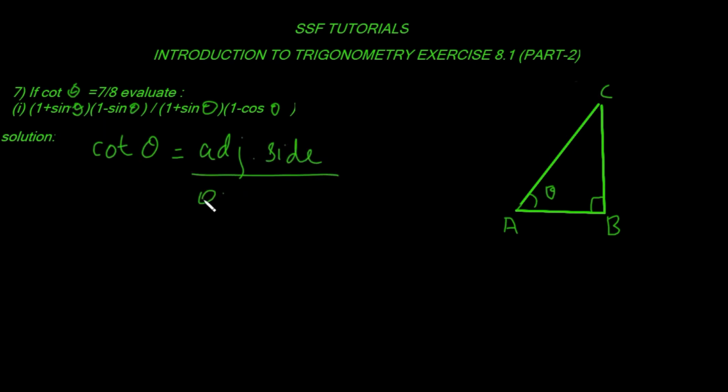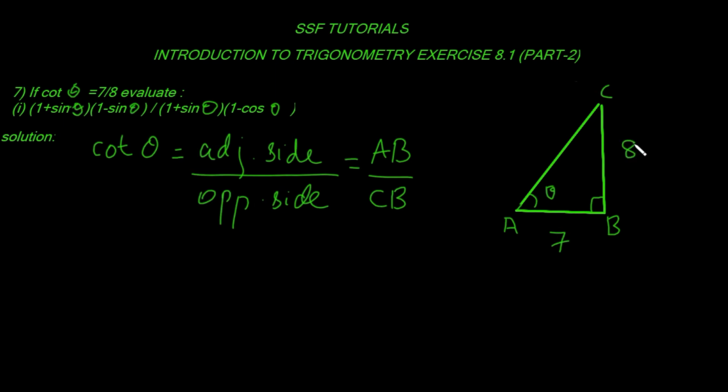The formula comes from the trigonometric ratio, so the adjacent side, as we know, is AB and the opposite side is CB. As it is given in the question that cot theta is equal to 7 divided by 8, AB is going to be 7 and CB is going to be 8.